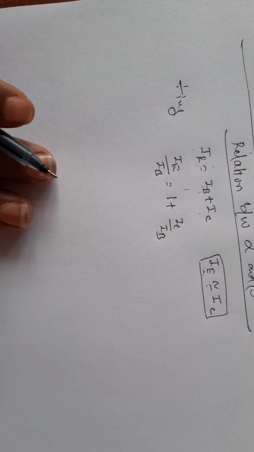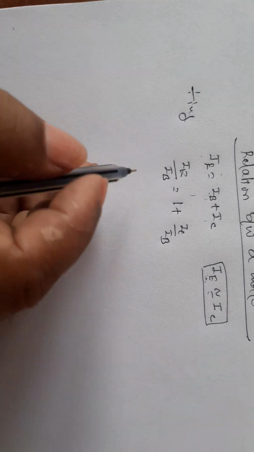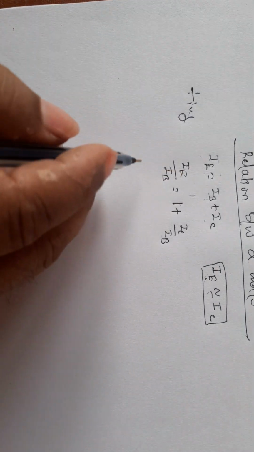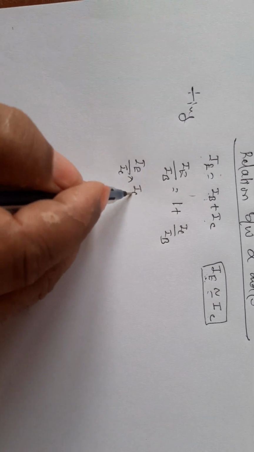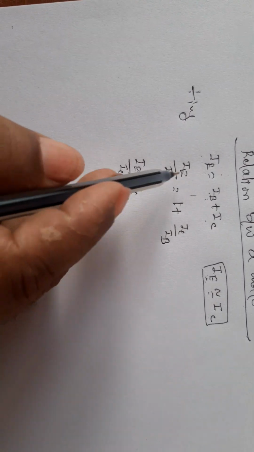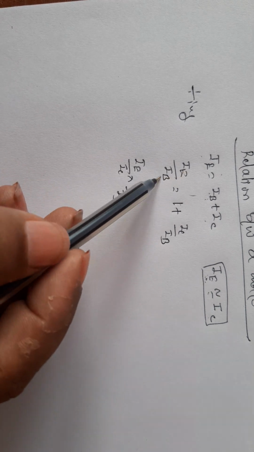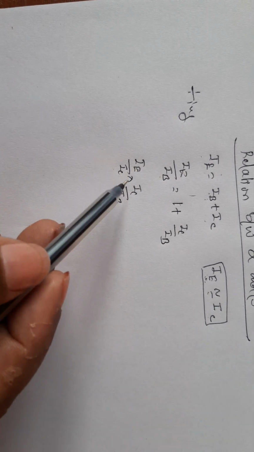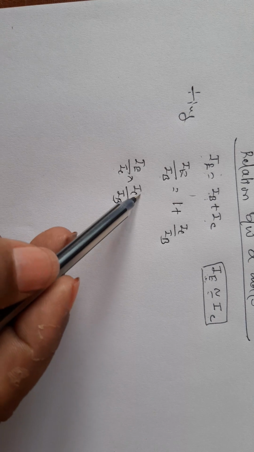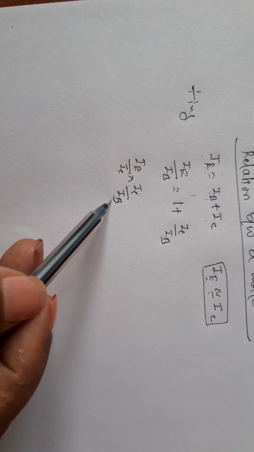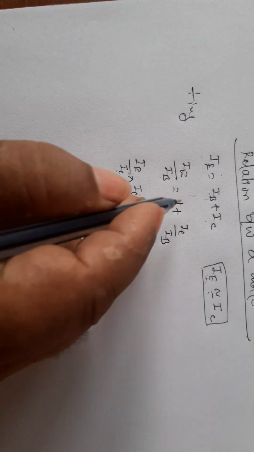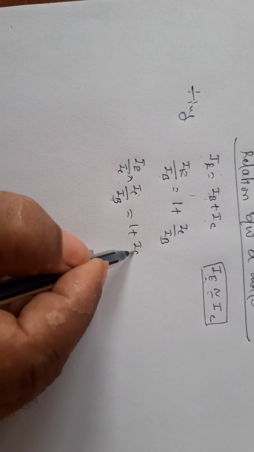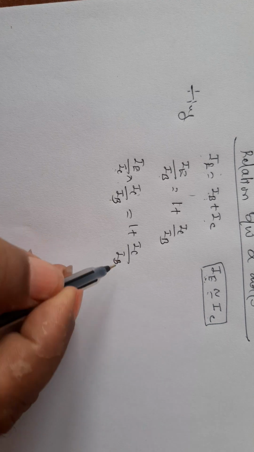Now this can be solved like this. I will write IE by IB as IE by IC into IC by IB. The value will never change. Instead of IE by IB, I write IE by IC into IC by IB; the IC cancels, giving IE by IB. Therefore, this can be written as 1 plus IC divided by IB.